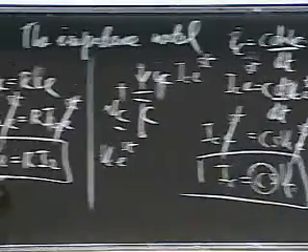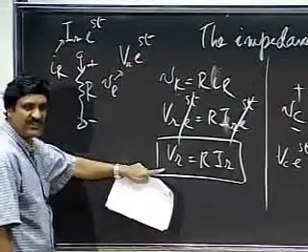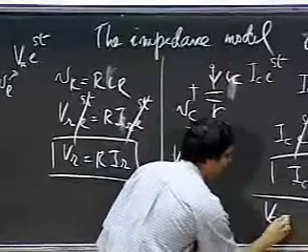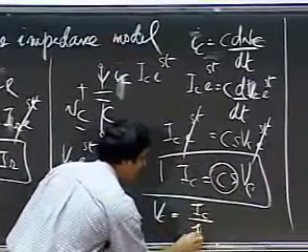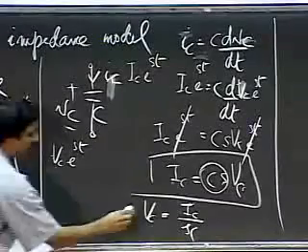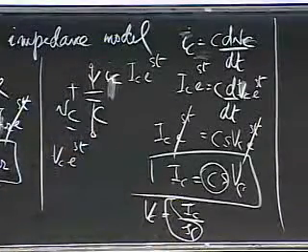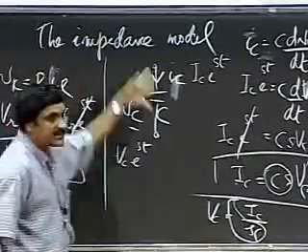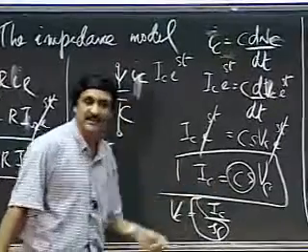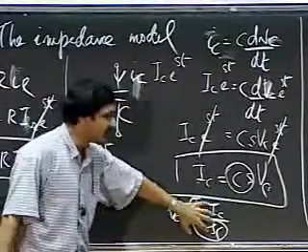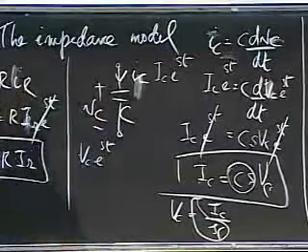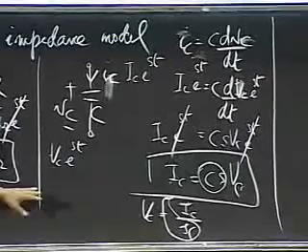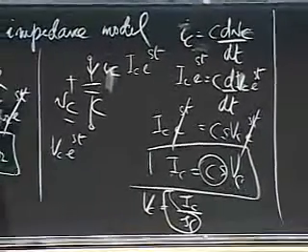It's very similar in form to what I saw here. The resistor was VR equals R IR. For the capacitor, VC is equal to IC divided by SC. So 1 divided by SC plays the role of R. In other words, the complex amplitudes around the capacitor are related by VC equals some constant times IC, almost like a funny Ohm's law relationship when VC and IC are complex amplitudes.